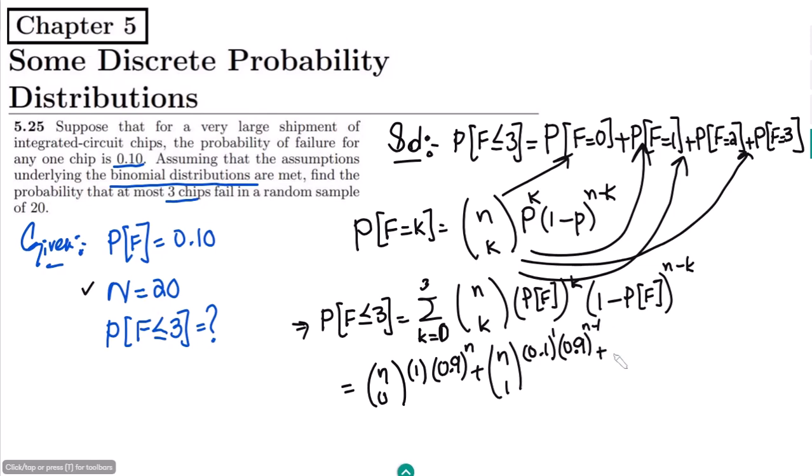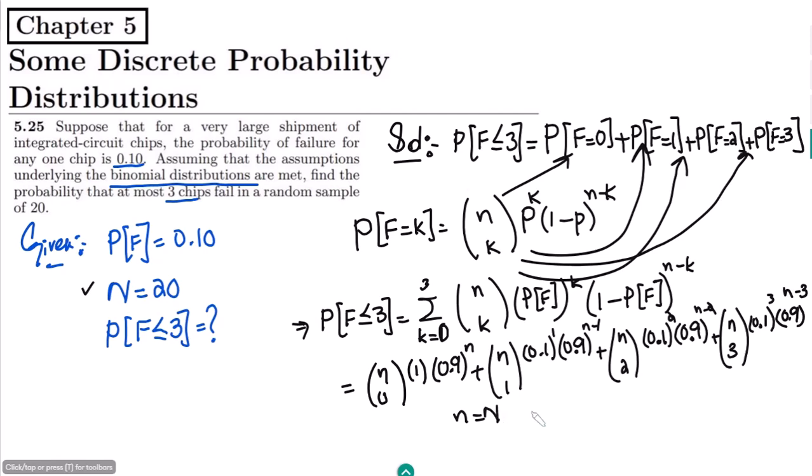Plus n choose 2, 0.1 raised to power 2, and 0.9 to the power n minus 2, plus n choose 3, 0.1 raised to power 3, and 0.9 to the power n minus 3. For all of them, n equals capital N, which is 20. You have to put all these values here.